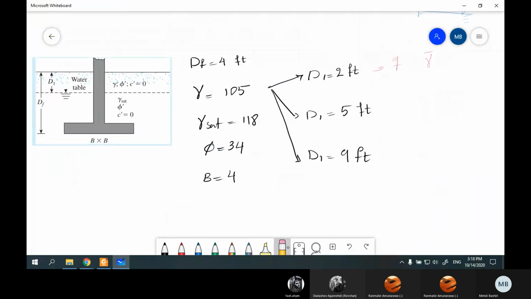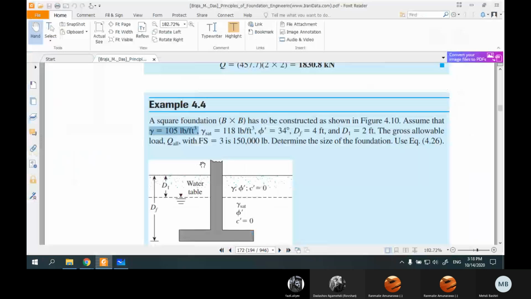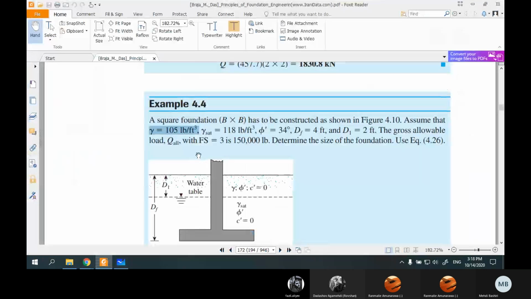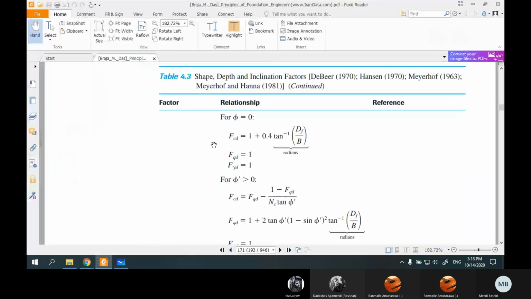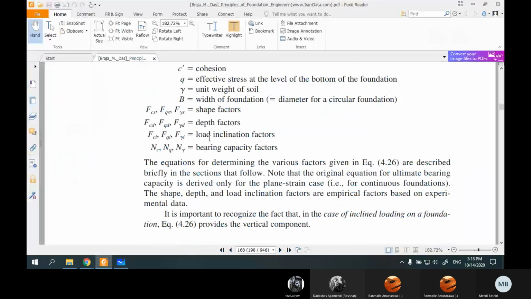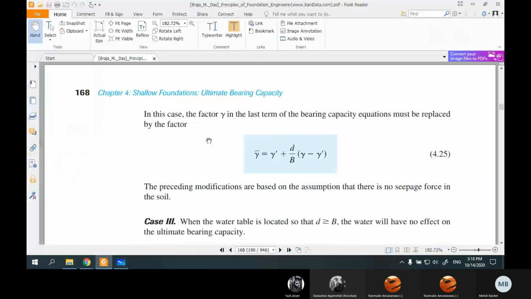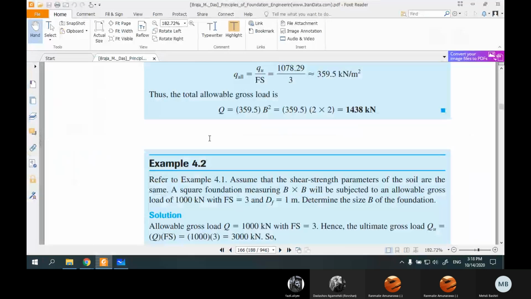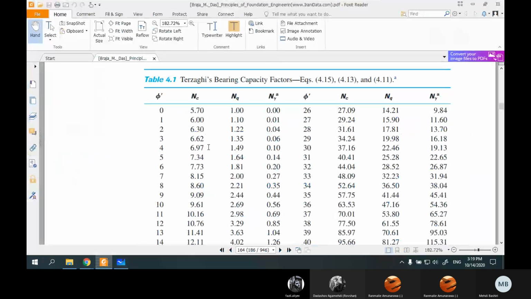Or let me say it in this way: please find q ultimate for each case. I'll tell you Nc, Nq, and N gamma, it's in this table.